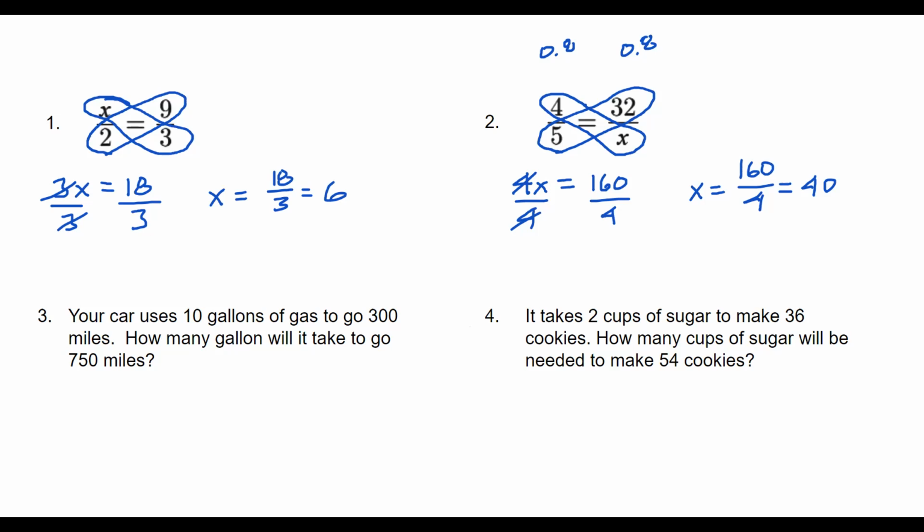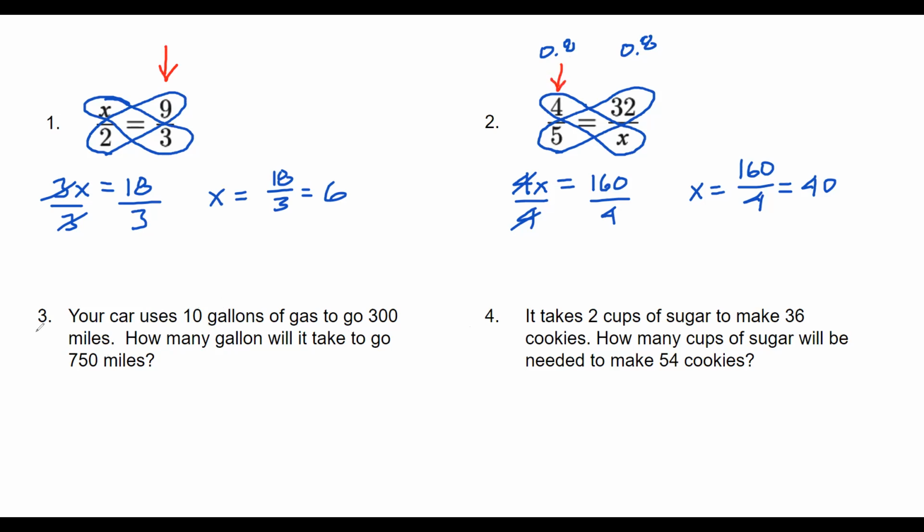All right, I'm going to change my color for these other two problems down here. So when we're setting up the proportion on our own in a word problem, first of all, we have to find a ratio. Notice that in each one of these other problems, they gave us a ratio. Right here, 9 to 3. Right here, 4 to 5.